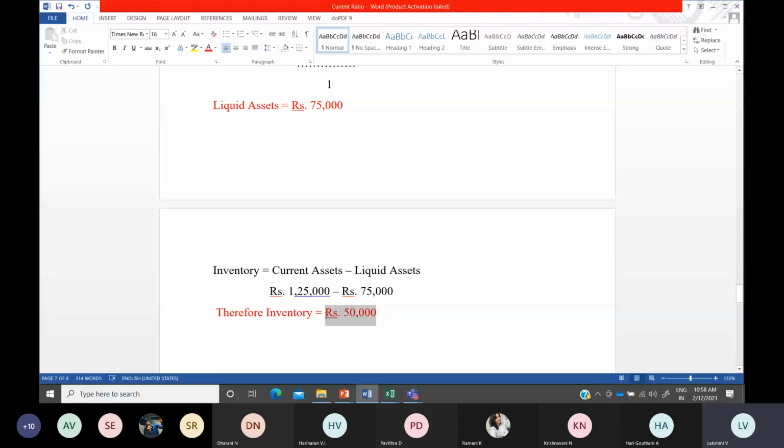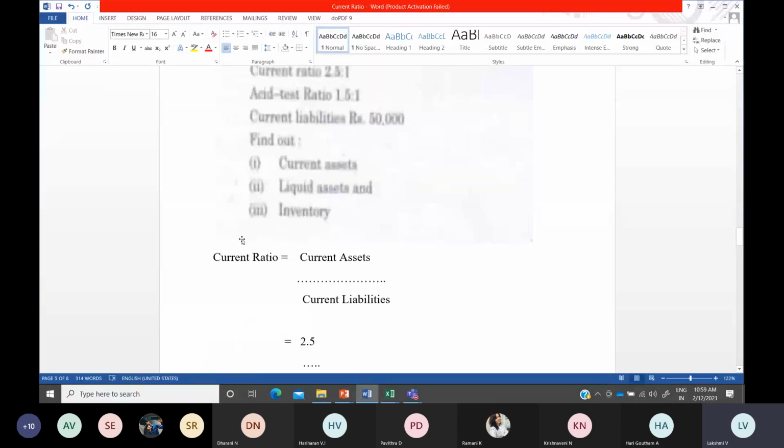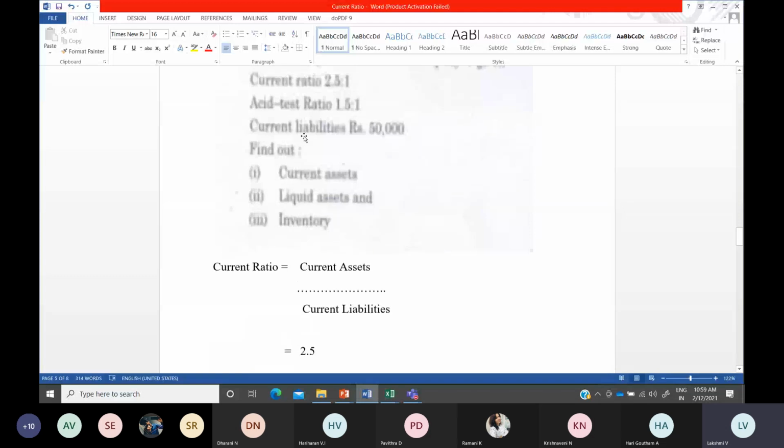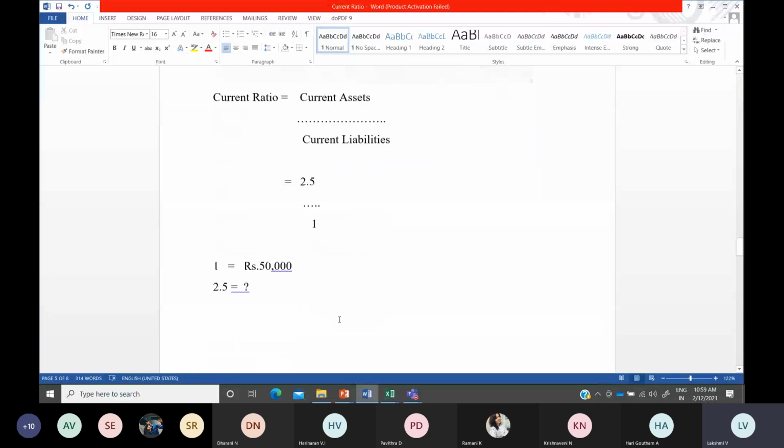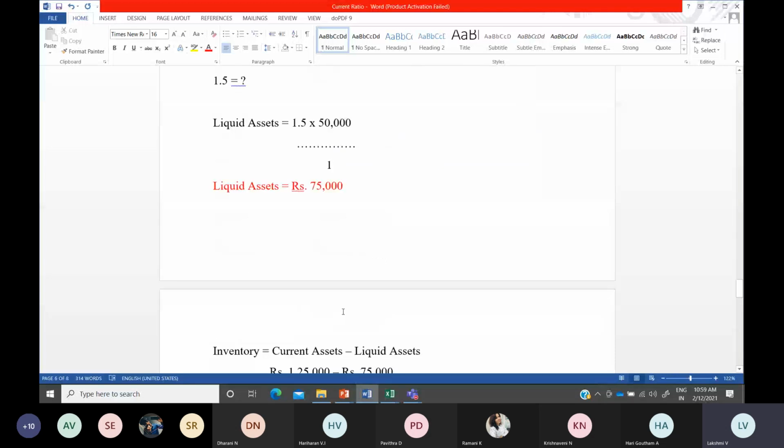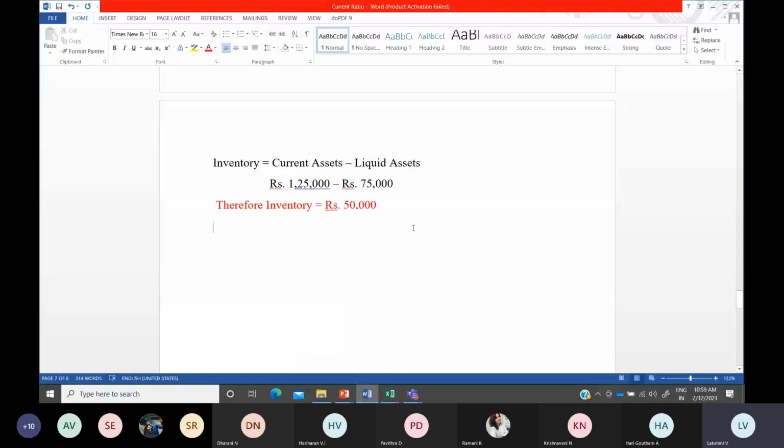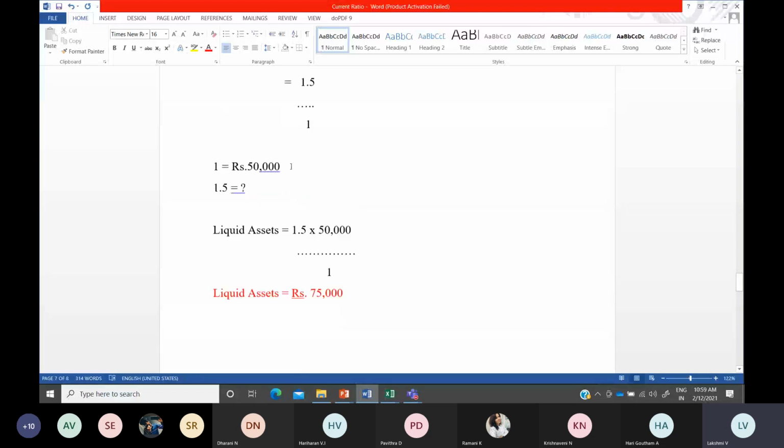So like this only you have to find out the amount. In the question, see what all information they have given and what they have asked us to calculate, and how to derive and find out from that information. That is what we do in ratio analysis in such sums. So if you find current assets and liquid assets, you can find out inventory.